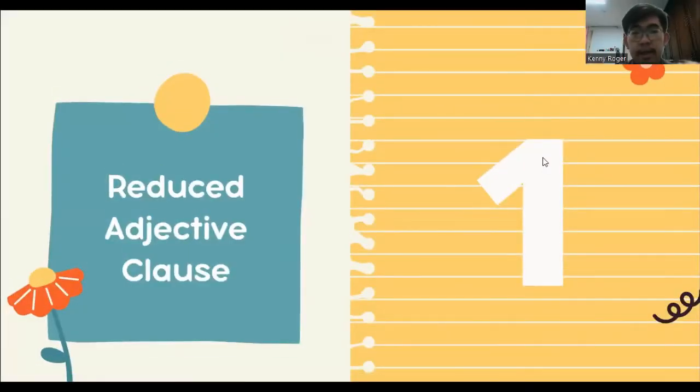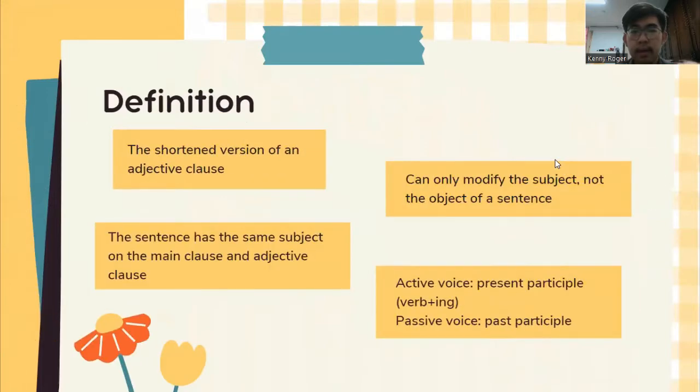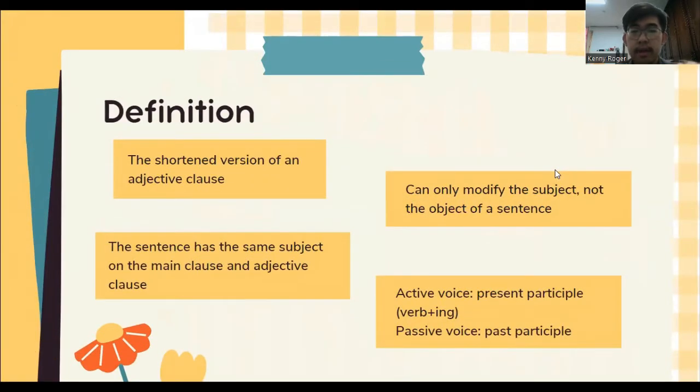Okay, I will explain the definition of a reduced adjective clause. Reduced adjective clauses are the shortened version of an adjective clause that modifies the subject of a sentence. Reduced adjective clauses can only modify the subject of a sentence. They cannot modify the object of the sentence.